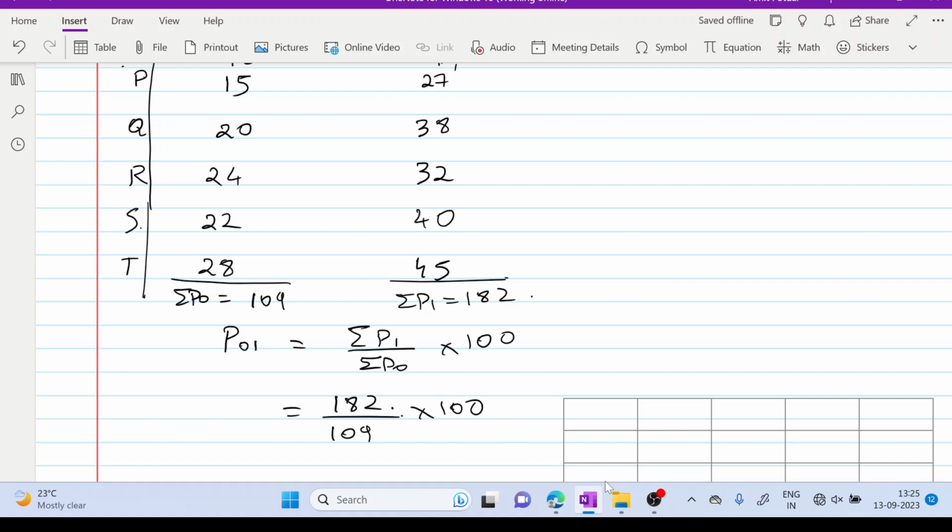These values are added for summation P0, and these values are added for summation P1, which you have found. Divide them and multiply it by 100.